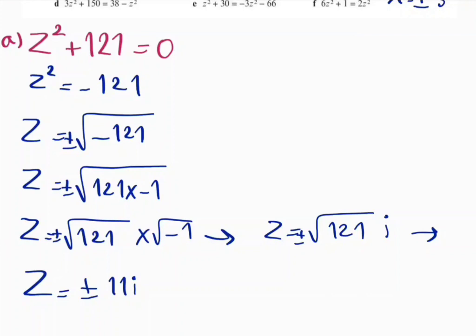This is the answer of equation A. As you can see, the general process is very similar to what we have been doing since high school, but the only difference is that we should be able to write in terms of i, because if you write the number in terms of i, then everything gets very simple. So let's do more questions so you can see what's going on.